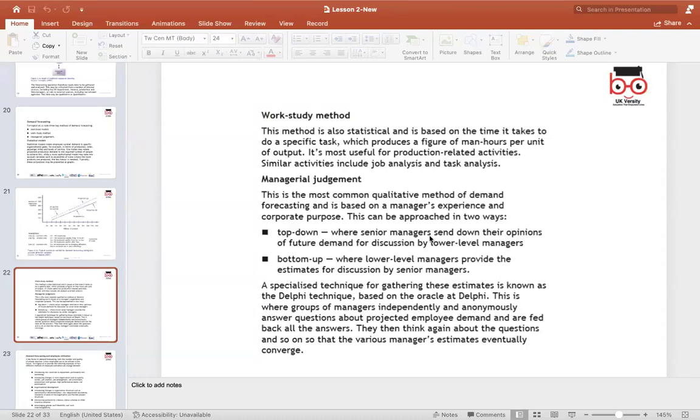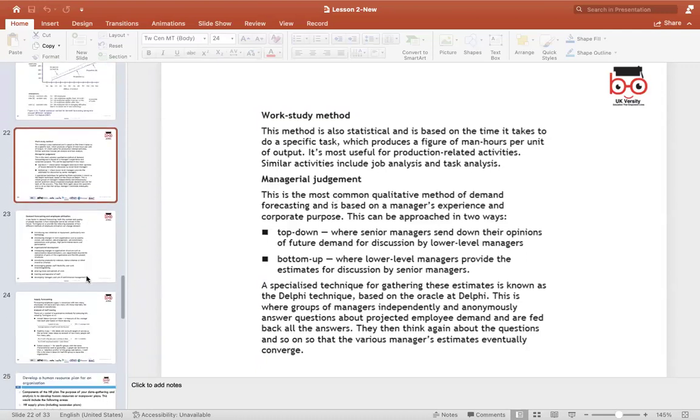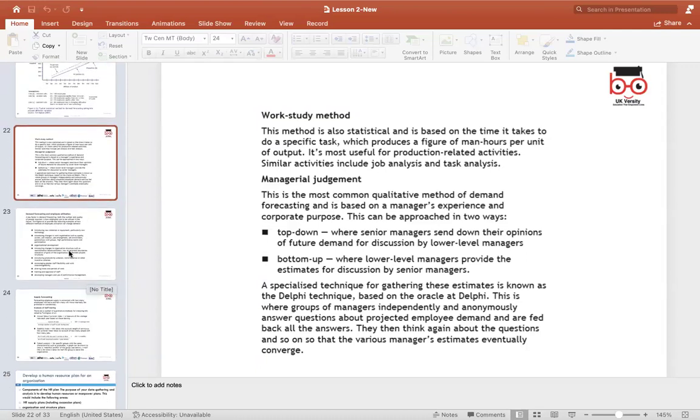And usually they use a qualitative method of demand forecasting wherein they calculate things properly. Obviously, they're looking at quantitative output as well in the end, but mainly they use a qualitative method basically of demand forecasting to determine how many people would be required and how many products or end results they would produce in the end.